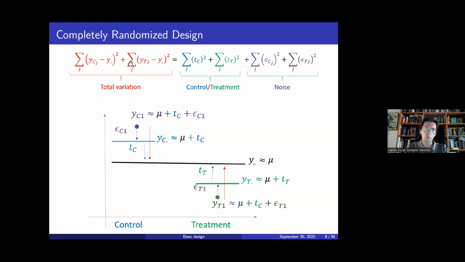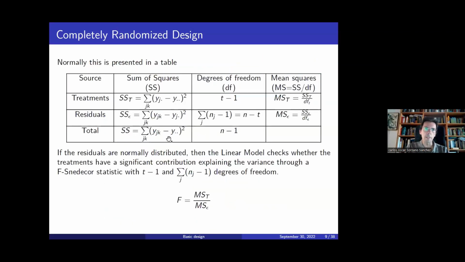So we have a total variation, we have a variation that depends on the group, and we have a variation that depends on the people, on the variability of people, that we will call noise or residuals. So this is the first column, how much variability you are having here. The second column counts how many parameters you need to estimate those.